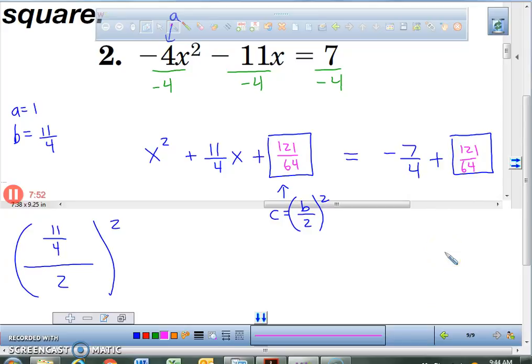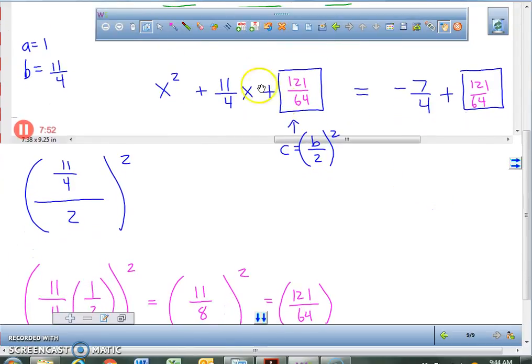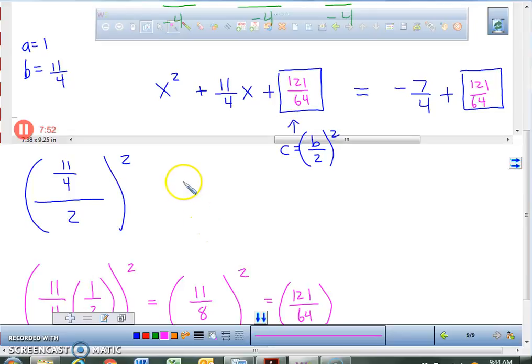All right. Now, once you've done that, what we have to do is factor this guy right here. I need you to understand that once again, you have to do x plus our b value divided by 2 times x plus your b value divided by 2.